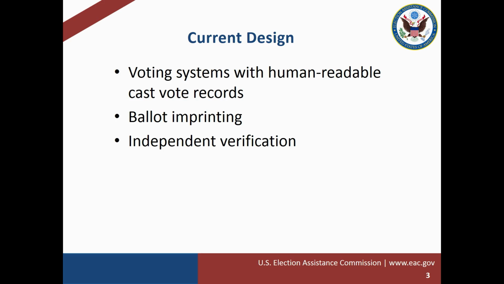With the current design, there's a lot of improvement that's been made over the last several years, particularly in providing human-readable cast vote records. Some systems do a really great job at this, and that's the reason why human-readable.